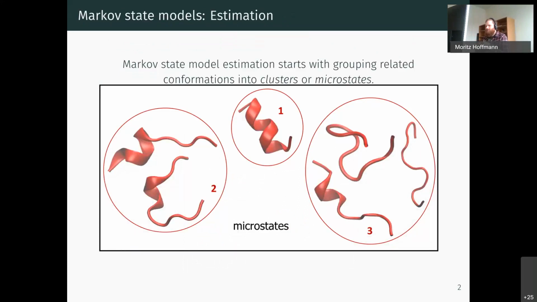So first of all, we would featurize the data, then we will project it maybe into a lower dimensional space. And if we do the projection right, then this will already maximize the time correlations, like in the case of TICA. And then we can cluster in that space and group them together into microstates and then get our discrete trajectories out of it.